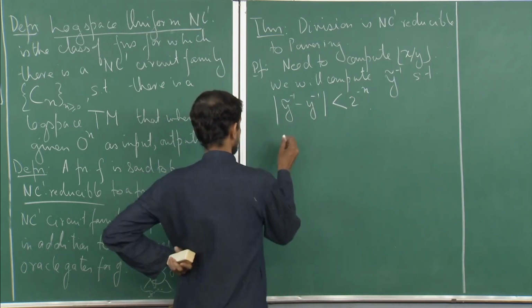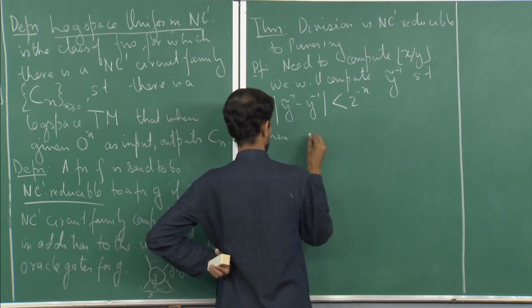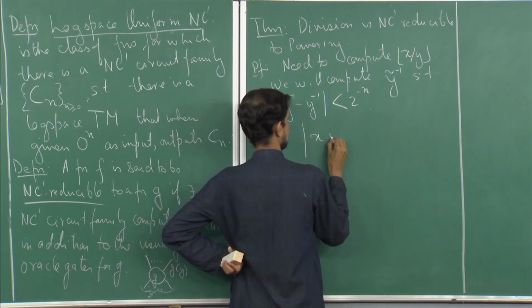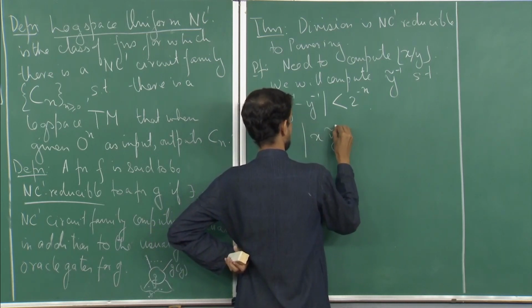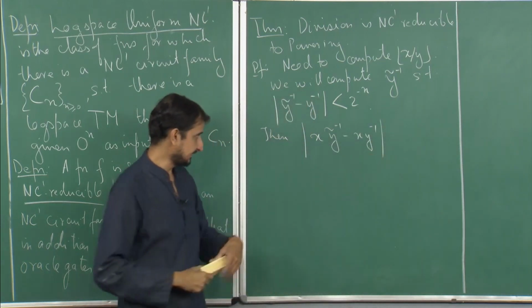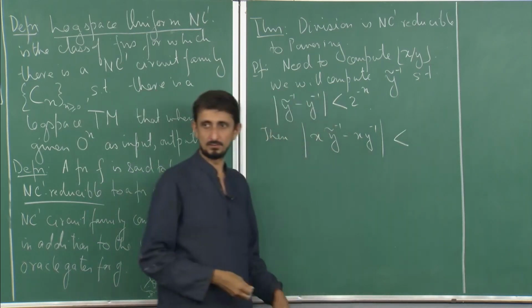So, then x y tilde inverse minus x y inverse. So, this is what I want and this is what I will be computing. What will be the difference between these two?